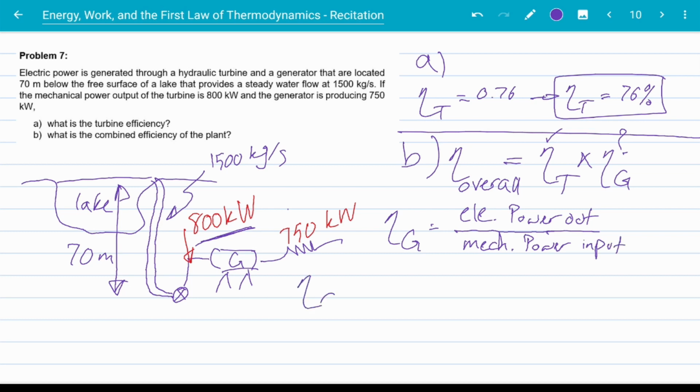So the generator is getting 800 kilowatts of mechanical power through the turbine here, and it's producing 750 kilowatts of electric power. Doing the math, we get that the efficiency of the generator is 0.9375, or 93.75%.